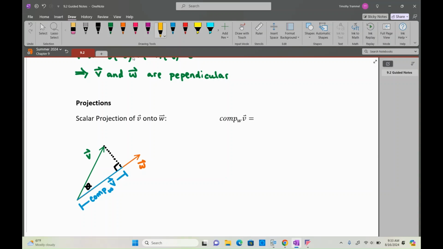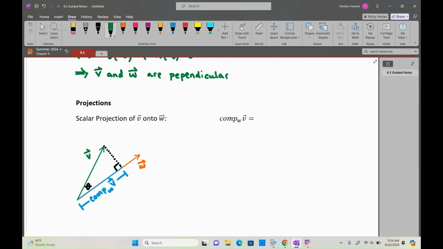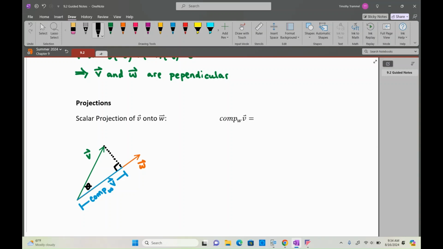We'll call this the scalar projection of V onto W. It ends up that we can actually find this length here if we'd like to, which is again the scalar projection. All we would need to do that is think about, do we have some way to relate this side here and maybe the vectors v and w in any way?